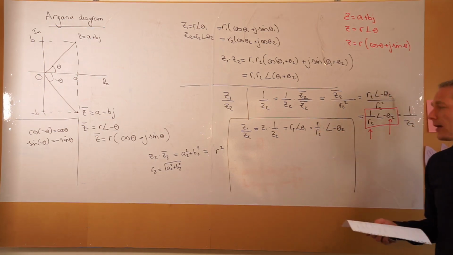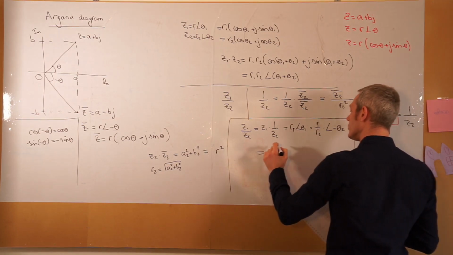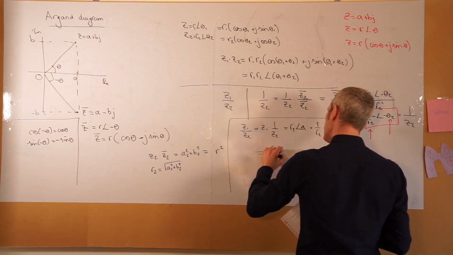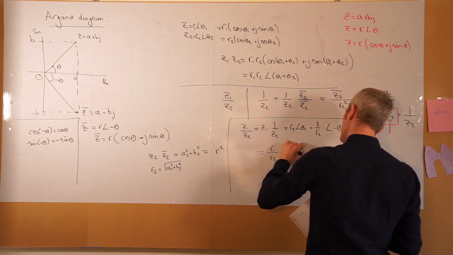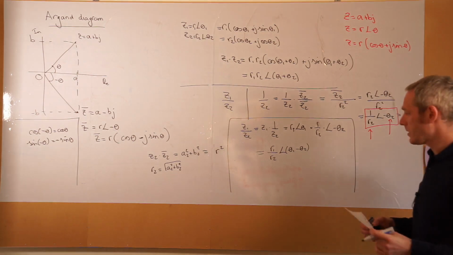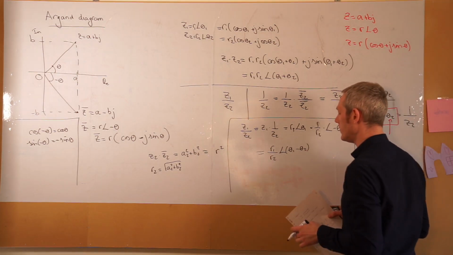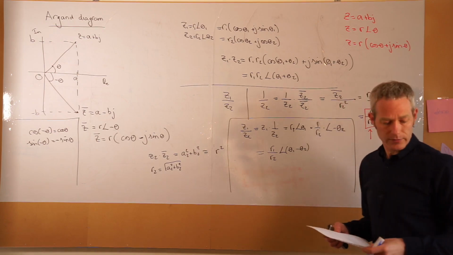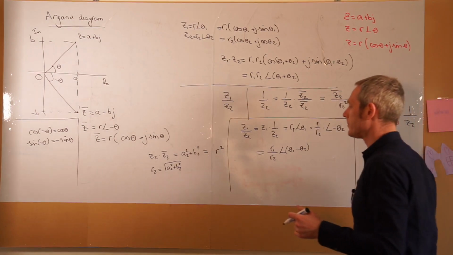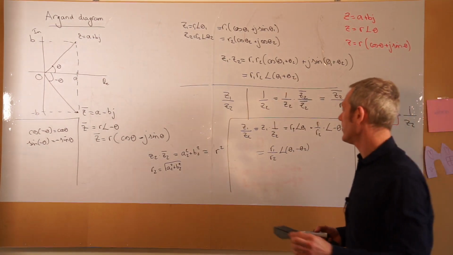And we already knew how to multiply these numbers, because we would multiply the two moduli and add the two angles. So for dividing two complex numbers we get the division of the moduli and the difference of the two angles. Now, I probably brushed over this rather quickly. I will do that again very quickly.